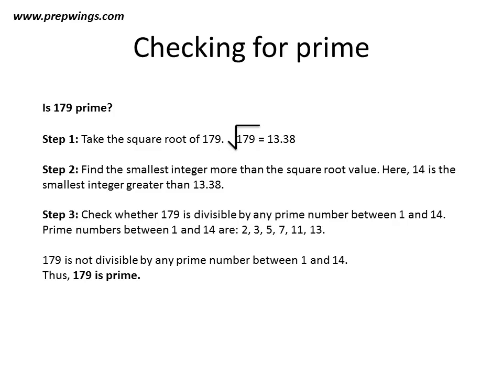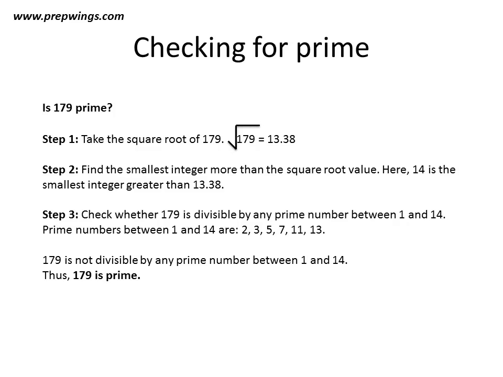In step 2 we find the smallest integer which is more than the square root value of 179. 14 is the smallest such integer. In step 3 we check whether 179 is divisible by any prime numbers between 1 and 14. What we found is that 179 is not divisible by any of the prime numbers between 1 and 14. Thus 179 is a prime number.